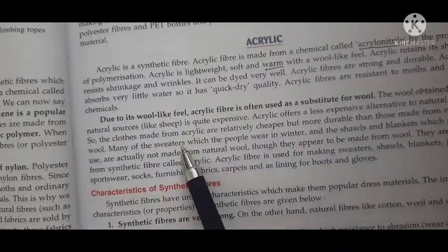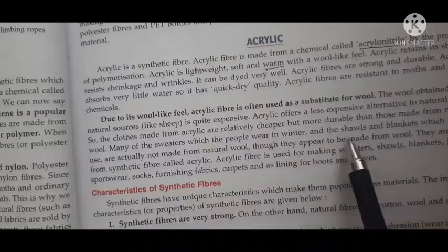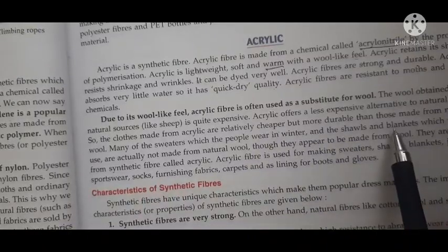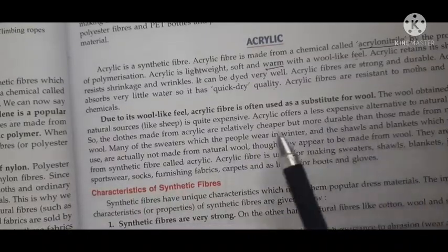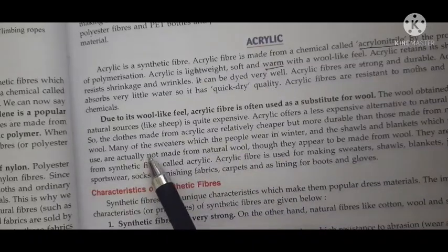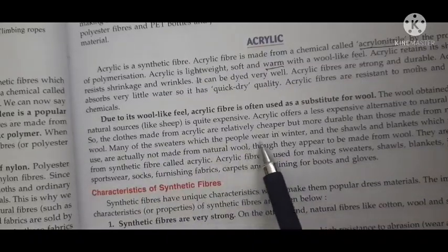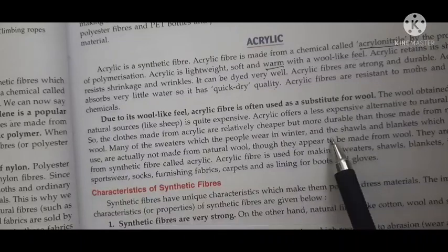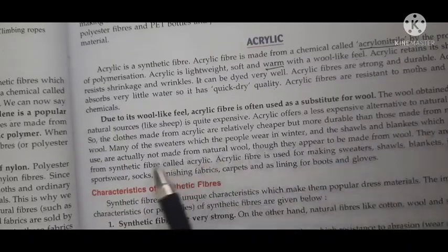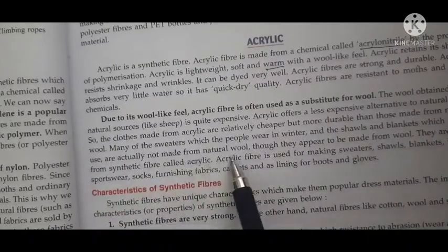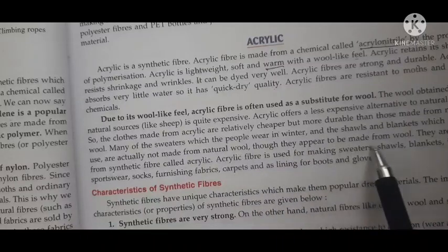So the clothes made up of acrylic, like sweaters, shawls, blankets, can be worn in winters. Many of the sweaters which people wear in winter, and the shawls and blankets which people use, are actually not made up of natural wool, though they appear to be made of wool.